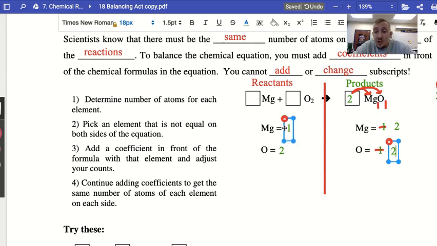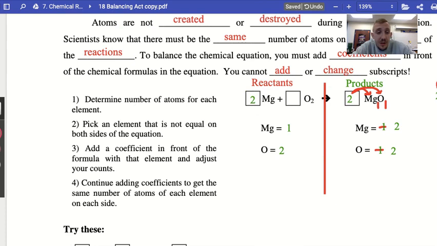So I have to change the 1. And because it's on the left side, I have to add a coefficient in front of the left magnesium. So I'm going to go ahead and put a 2 here. Okay. And so you have to think that there's a subscript of 1 here because there's no number.